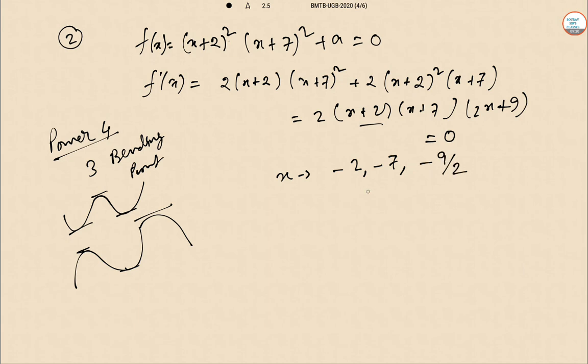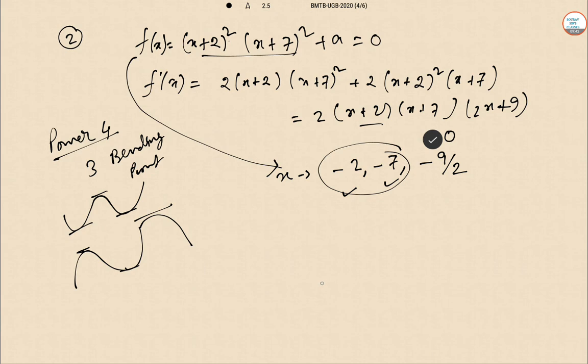So x equal to minus 7 and minus 2 are the roots of the equation g(x) = 0. So for this equation f(x) we get the roots. The equation has 2 roots, so double roots are done. Now the value minus 9 by 2 is the remaining root of the derivative.